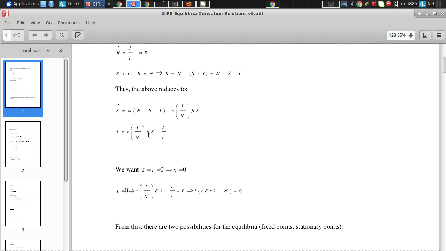And here this is C times 1 over N times beta times S. So this is 1 over tau, and I can move that over there. So then we have the 1 over tau on one side, and we have C times beta times S over N on the other side.